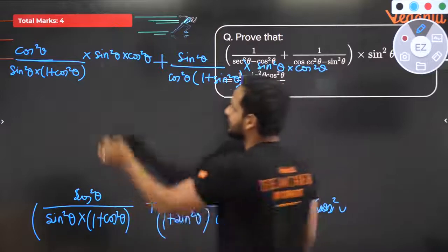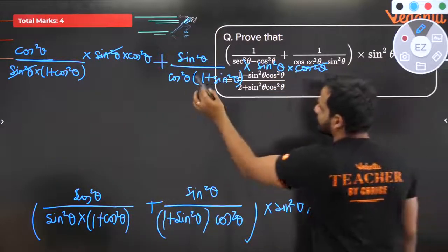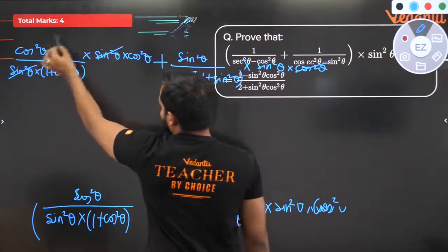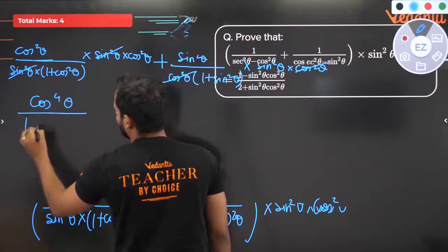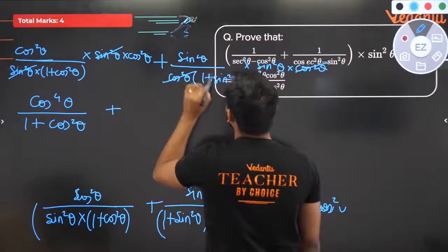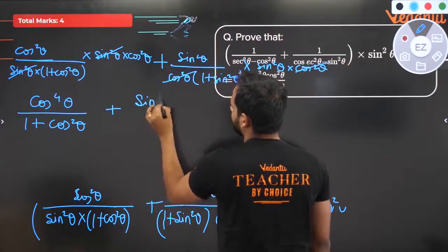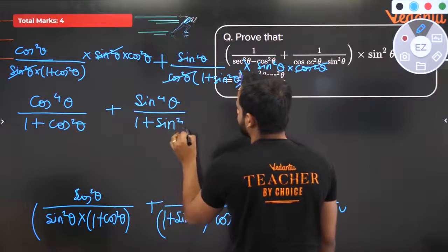Now what will happen, see, this sin square theta and sin square theta got cancelled, this cos square theta and this cos square theta got cancelled. Cos square theta into cos square theta will become cos raised to the power 4 theta divided by 1 plus cos square theta, plus you have sin raised to the power 4 theta divided by 1 plus sin square theta.